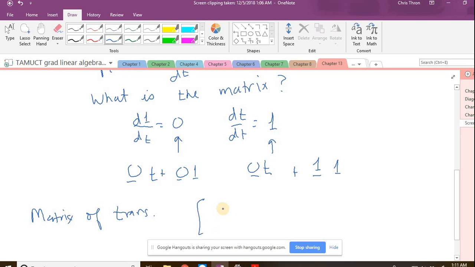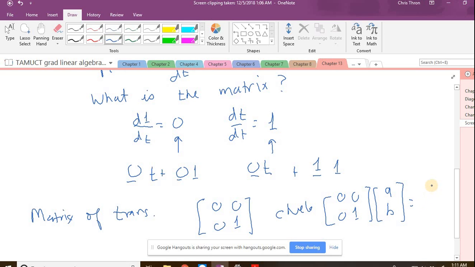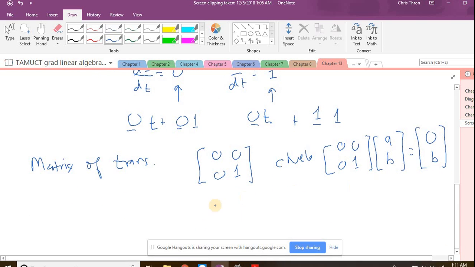Okay. All right. So we can see if we can verify that: 0, 0, 0, 1. All right. Now if I multiply that by, so let's check. If I take 0, 0, 0, 1 times (a, b), I'm going to get (0, b), and that expresses the fact that (a, b) represents a times 1 plus b times t, and this (0, b) is in the F basis.